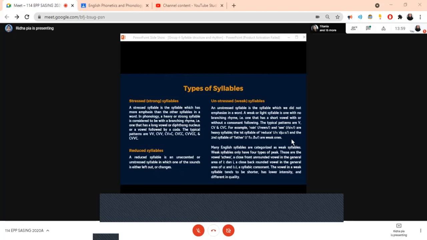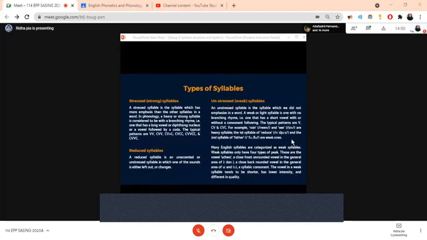In the first syllable of the word father, fa is the stressed syllable, and the second syllable, the, is a weak syllable. When you say father, the sound is not as loud as the fa sound. In English itself, many syllables are categorized as weak syllables, and they have four types of peak.